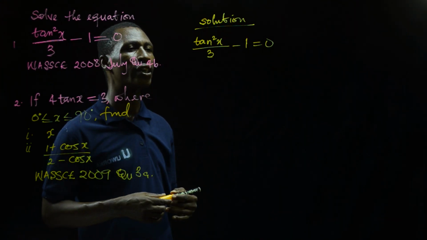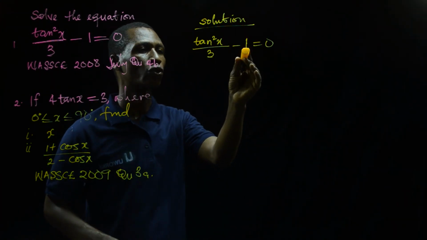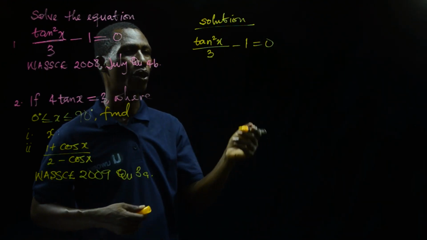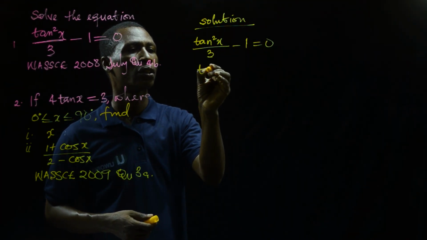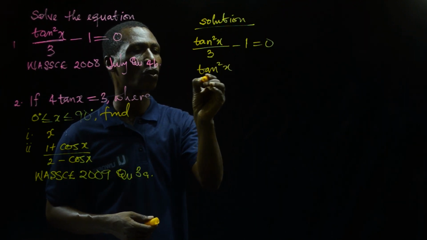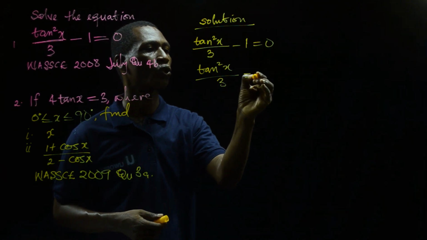So what we do is send the constant, which is the 1, to the right hand side of the equation. So when that is done, we are going to get tan squared x on 3 equals 1.